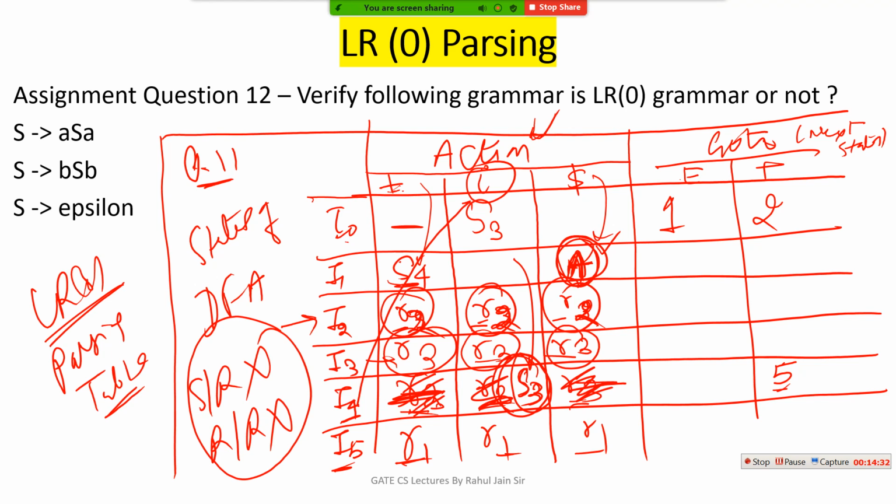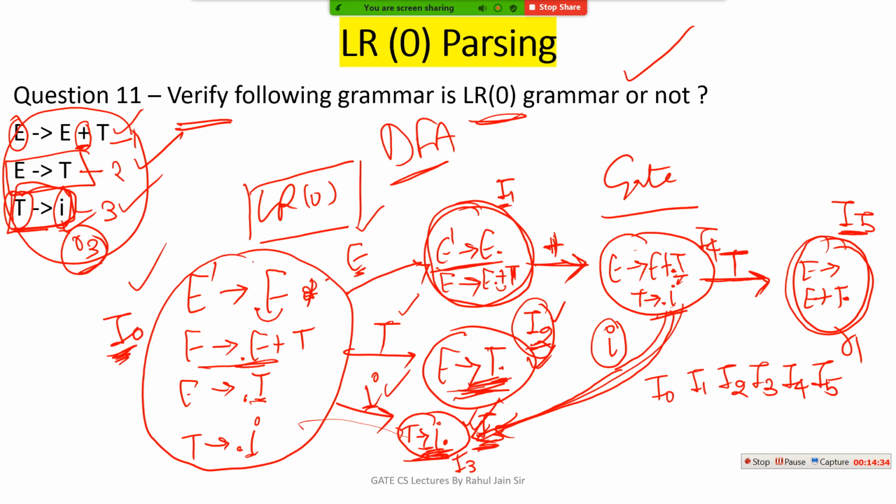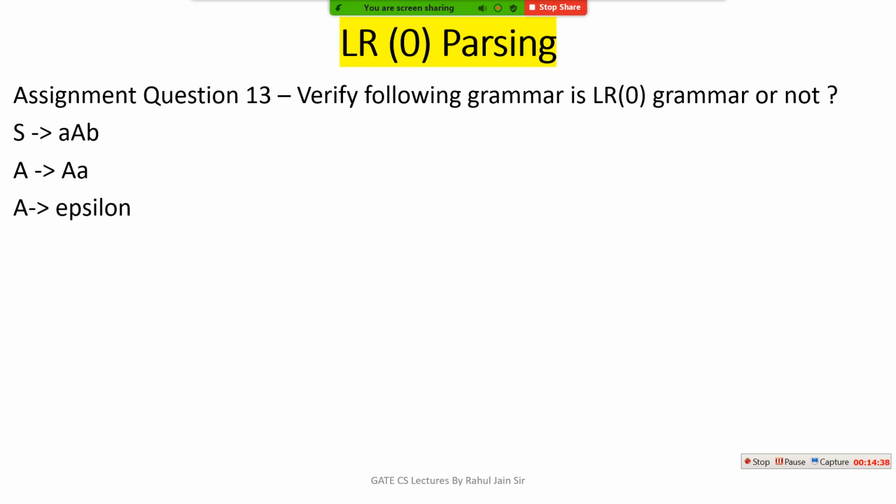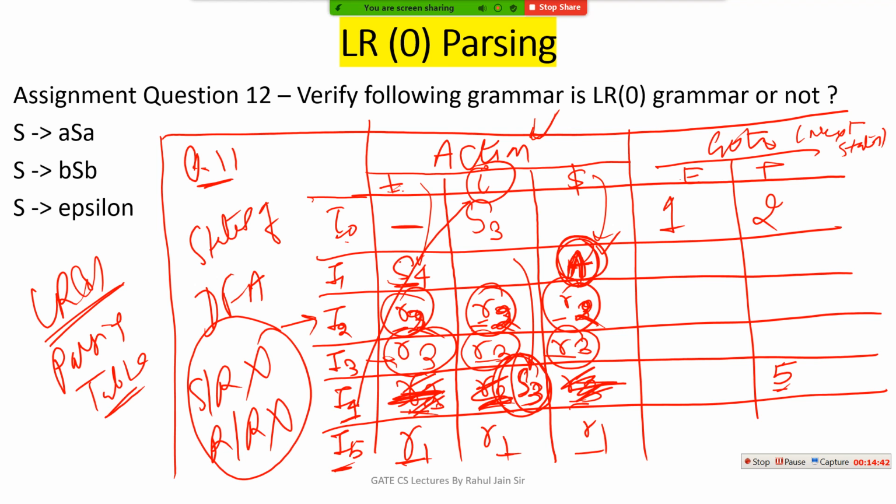Okay. So guys, this was question number 11, and I am asking question number 12 and 13. I have given them to you for solving as an assignment question. So have you solved it? Tell me whether question number 12 is LR0 or not. If you guys have solved this assignment question yesterday, tell me whether question number 12 is LR0 or not.